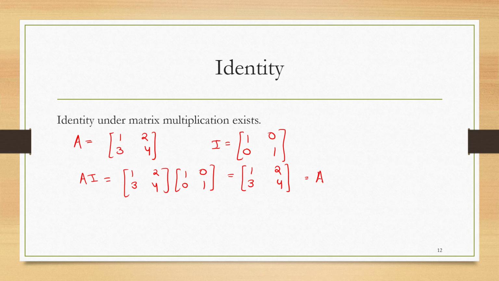That is again A. Also, we can observe that identity into A is also A. So, identity matrix is the identity element of 2 by 2 matrices if we are taking identity of order 2 by 2 under matrix multiplication. If we are taking a square matrix of order 3, then it will be identity matrix of order 3 cross 3.